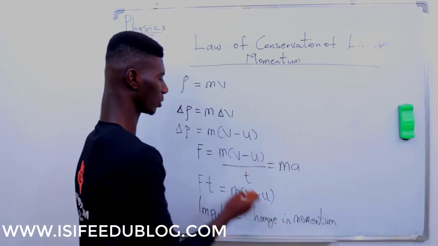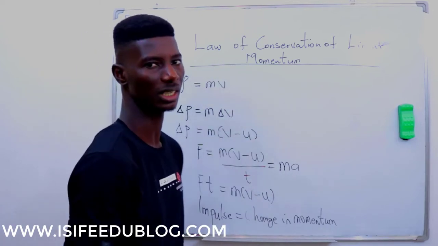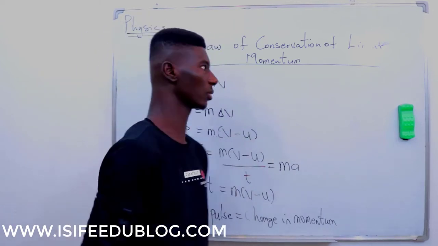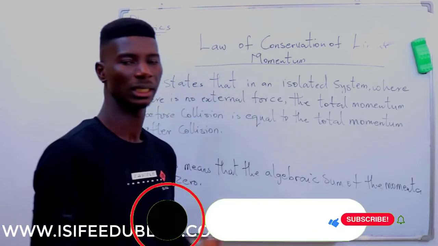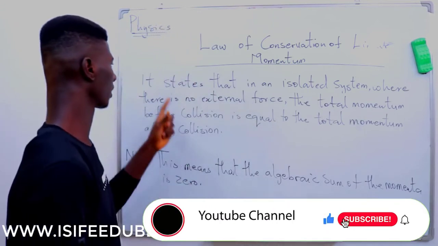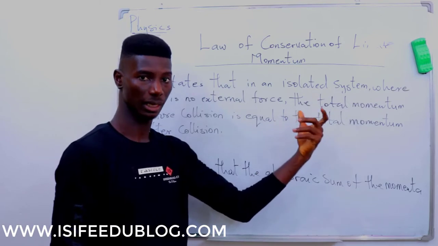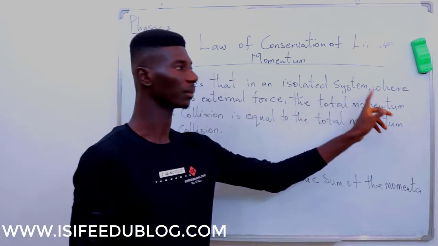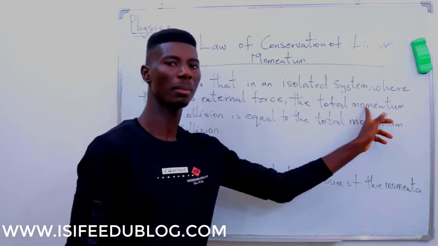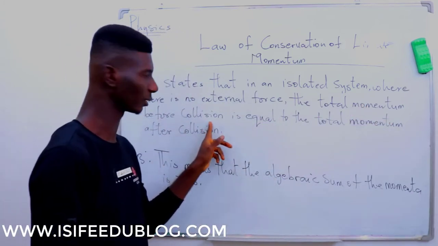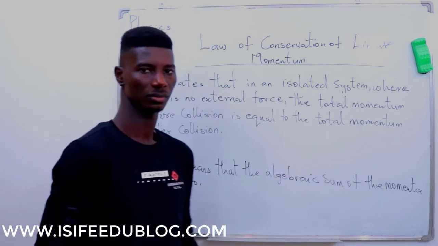With this being said, now let's quickly enter into the law. Now we know what momentum is. Momentum is mass times velocity. So what is the law of conservation of linear momentum? Now we have the law on the board. What does this law state? It states that in an isolated system, this is an ideal assumption, a system where there is no external force, the total momentum before collision is equal to the total momentum after collision.